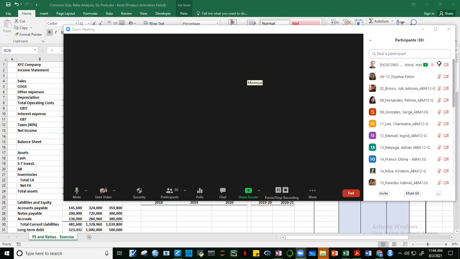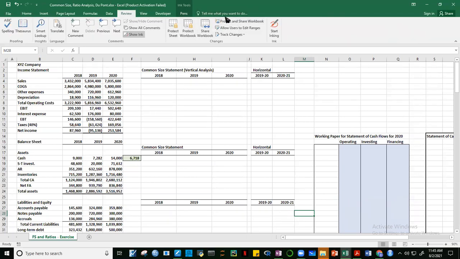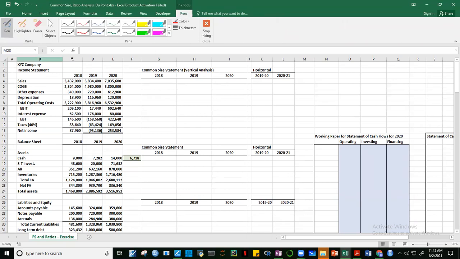When we do ratio analysis, guys, importante na alam natin yung growth rate o kaya yung percentage change sa mga accounts natin. The first is the vertical analysis or common size statement. Yung common size statement, guys, you reference all your accounts with respect to, okay, lagay ko dito, ha. Okay, let me write that. Okay, so common size, no?